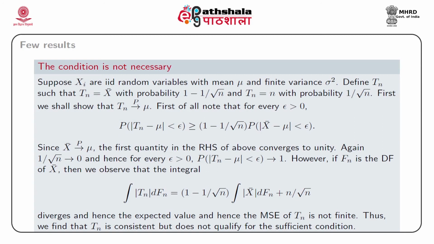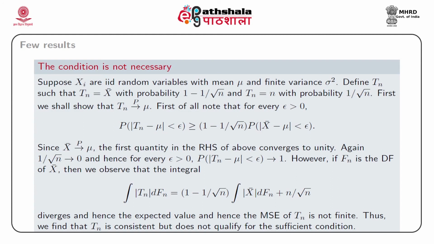So, for IID random variables, it follows from the weak law of large numbers that X bar converges in probability to mu. Therefore, the second quantity in the right hand side converges to unity. Again, 1 by square root of n tends to 0, and hence for every epsilon greater than 0, we find that the probability of the event that the distance between Tn and mu is less than epsilon tends to 1. So Tn is consistent for mu.